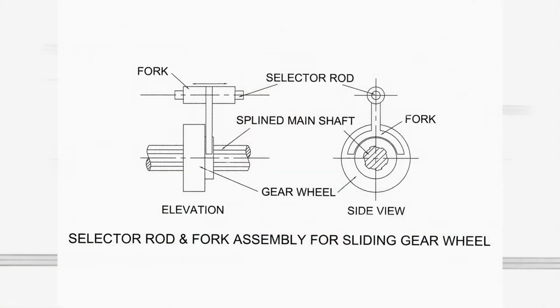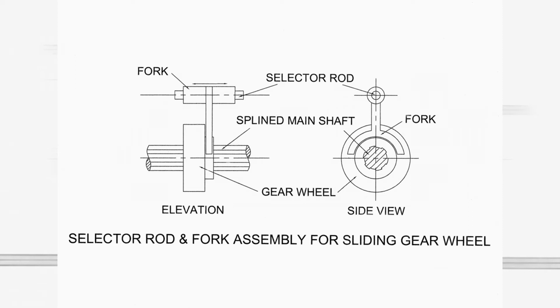Considering the movement of fork for pushing the gear wheel, referring back to the diagram, there is selector rod as shown. It has axis parallel to the axis of main shaft. It carries the fork. There can be two options, one being that the fork is fixed on selector rod.